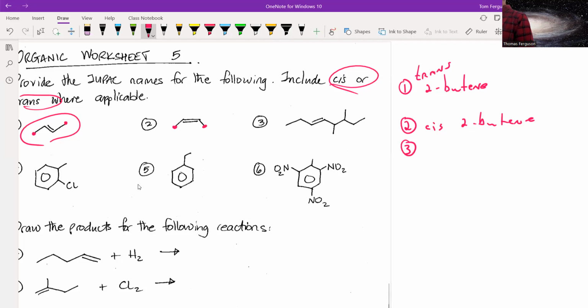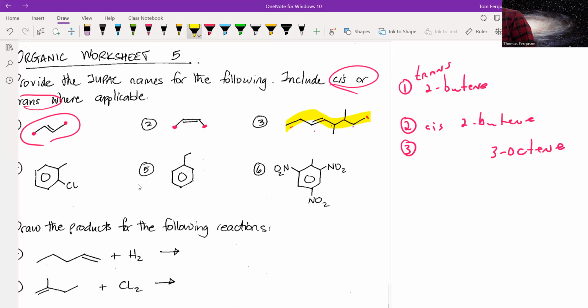So we have 1, 2, 3, 4, 5, 6, 7, 8. So that's going to be an octene at carbon 1, 2, 3. And we have two methyl branches on carbons 5 and 6.